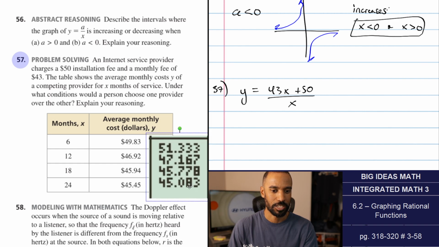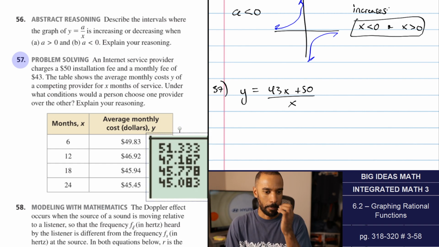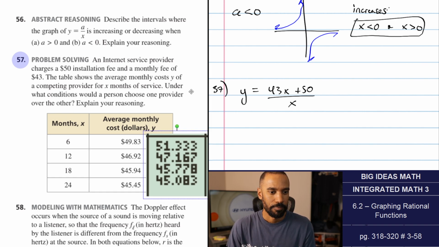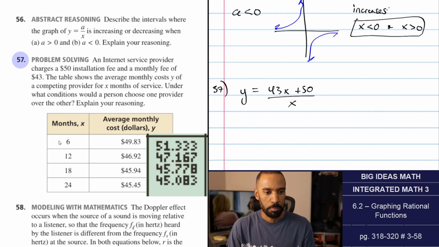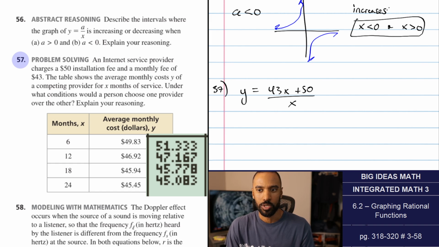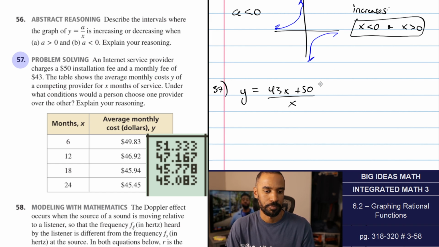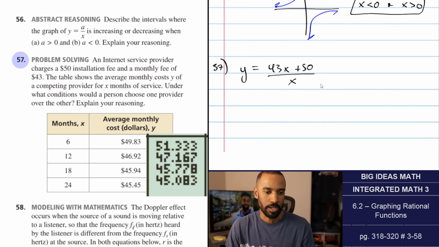And let's compare the things, shall we? So at 6 months, my average cost is better for the competing provider. That's better, and better and worse. So somewhere between 12 and 18 months, it changes, right?